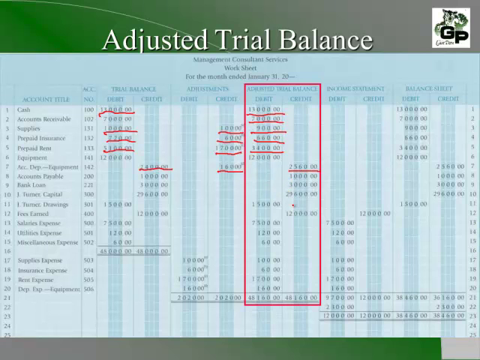The remaining accounts are just as they were on the trial balance, so we don't need to really go over those. But we have these new accounts: supplies expense, insurance expense, rent expense, and depreciation expense for equipment. All these accounts right here were not part of the original trial balance. They were adjustments. So we have to include them in this new adjusted trial balance column. We total them and we rule them.